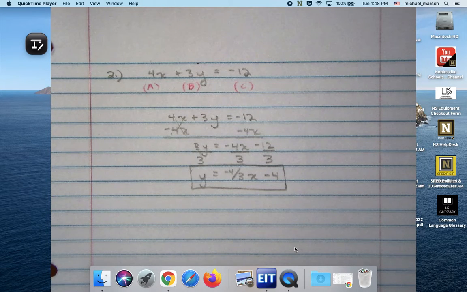Standard form. This is because that can be simplified into a whole number.